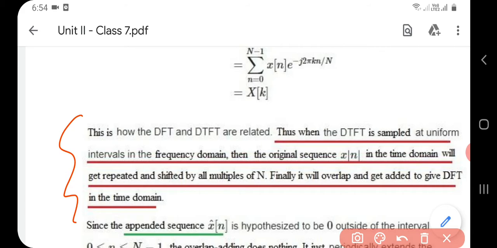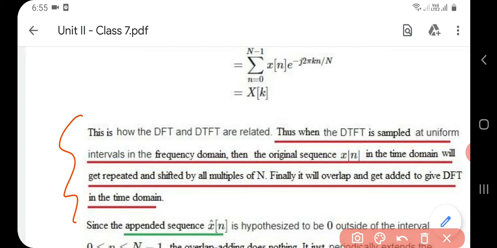Once the sampling is performed, what happens to the original sequence x[n] is that it will get repeated in the time domain, and then it will get shifted by multiples of N. Finally, it will overlap, and then it will get added to give the DFT of the corresponding signal in the time domain. So first of all, repetition, then shifting, then overlapping, then adding.